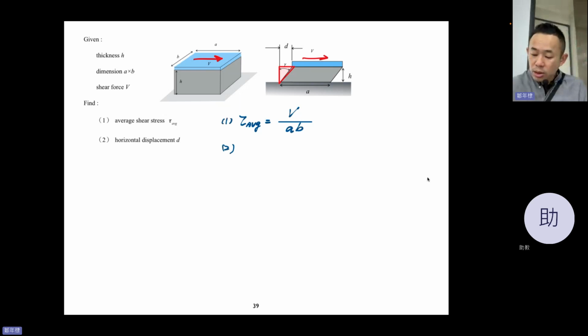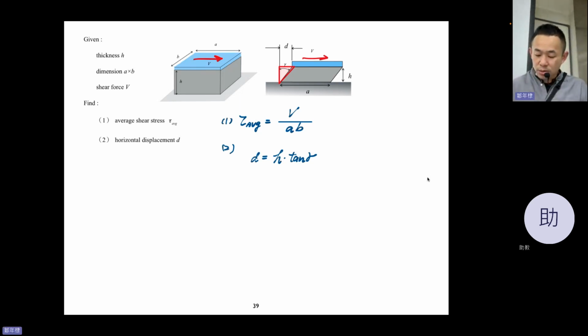So we want to calculate the second one, horizontal displacement D, this one. What will it be? You notice that there's a gamma here. The gamma is in radians, an angle between this line and that line. So you can imagine that D equals H, the height, and tangent gamma. Okay, tangent gamma, you can get D, no problem, right?